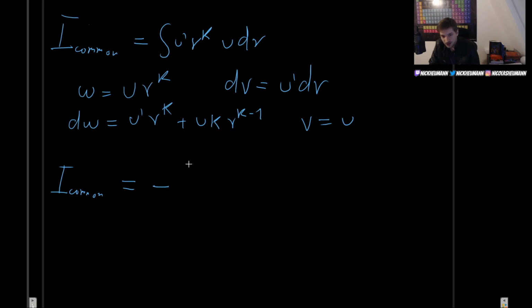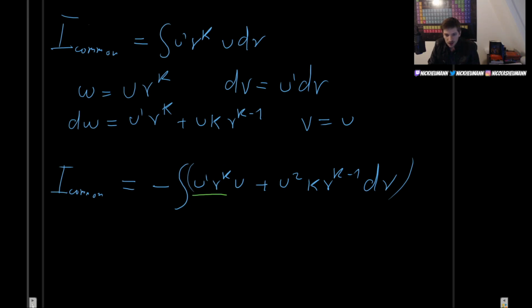So we have minus integral of u prime r k u plus u squared k r k minus 1 dr. Alright, so this one is of the same shape. Take a look at this. So this one right here is the same that we had before, but now we have this thing right here. Is this better, you might think?